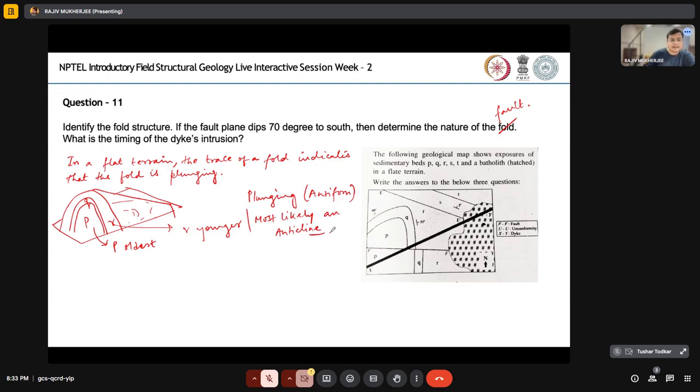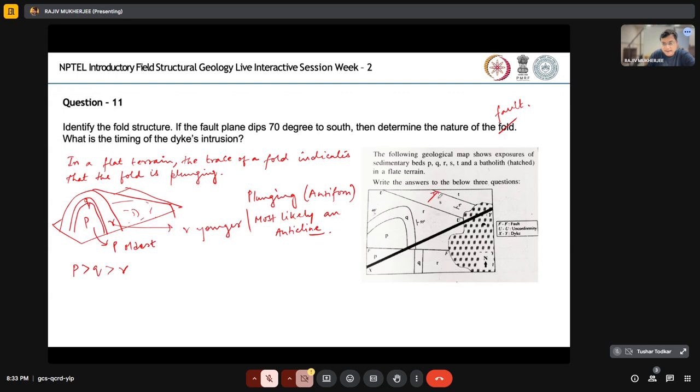Right. So in a sense P is older than Q and it is older than R, and then again we see that there are other depositions in this direction.